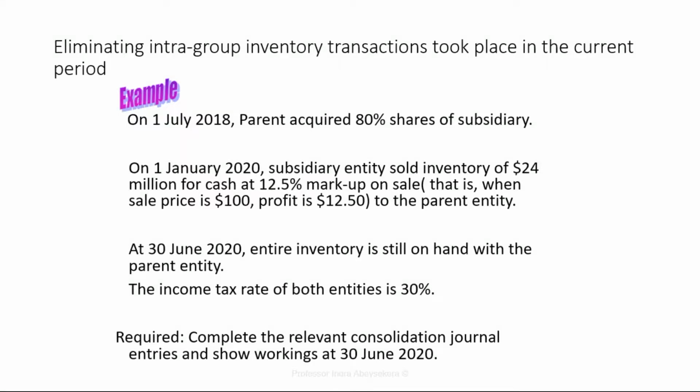And on 30th of June 2020, the entire inventory is still on hand with the parent entity. And the income tax rate is 30%. And we will prepare consolidation journal entries at 30th of June 2020.